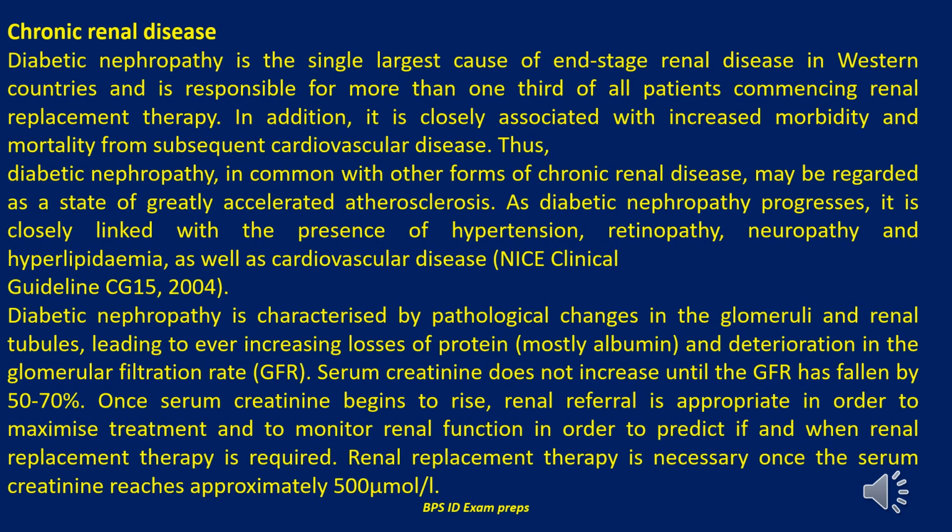Once serum creatinine begins to rise, renal referral is appropriate in order to maximize treatment and to monitor renal function in order to predict if and when renal replacement therapy is required. Renal replacement therapy is necessary once the serum creatinine reaches approximately 500 micromoles per liter.